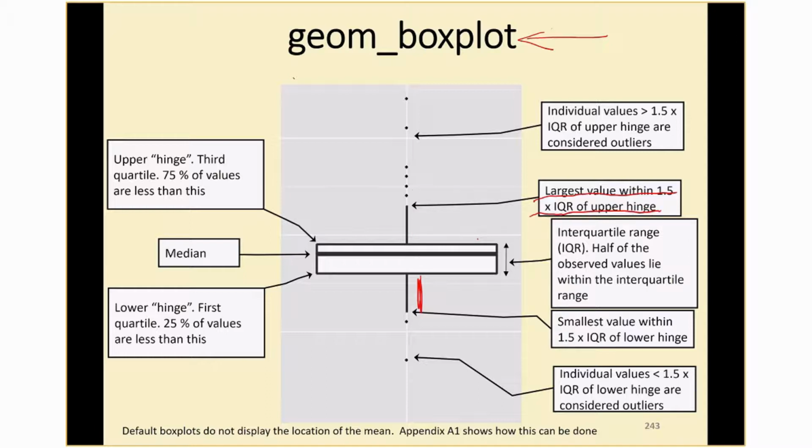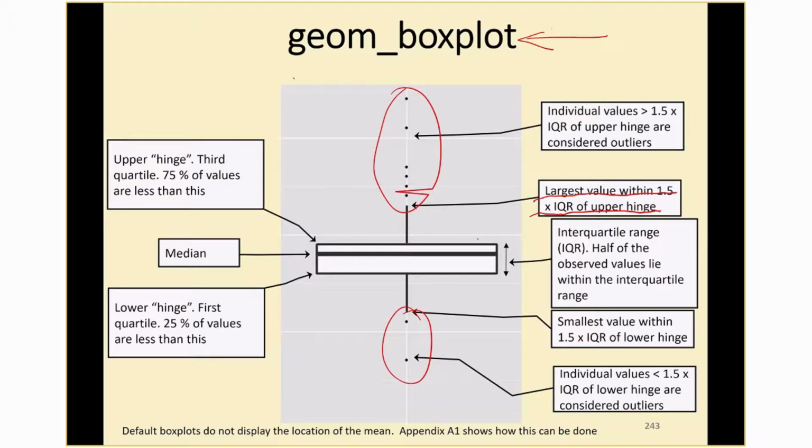In other words, you'd start here, take the interquartile range, multiply it by 1.5, add it to this hinge, and go up there. For the lower whisker, you'd start off here, take the interquartile range, multiply it by 1.5, subtract it from this point, and go down there. Any points outside of this are viewed as being outliers.